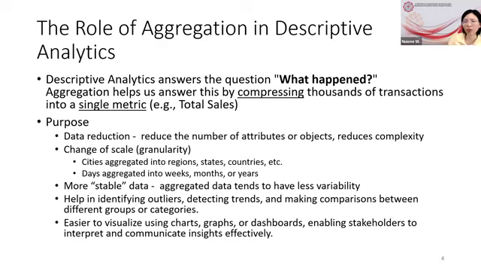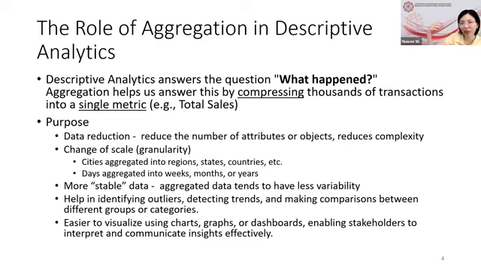It can also help us to identify outliers. For example, we have the average, and when we know that a data point is very far from the average, it could be an outlier. Or we can detect trends, or make comparisons between different groups or different categories.